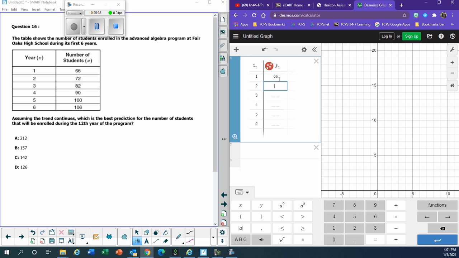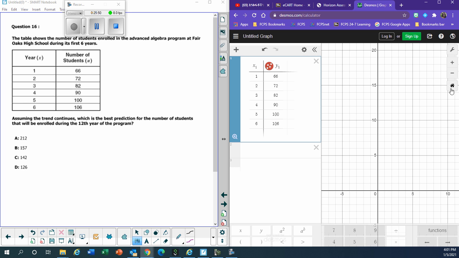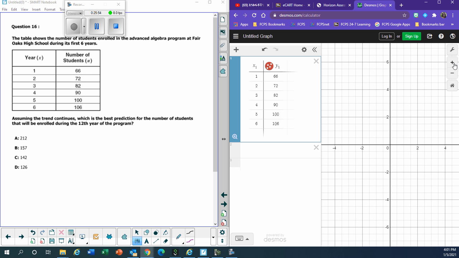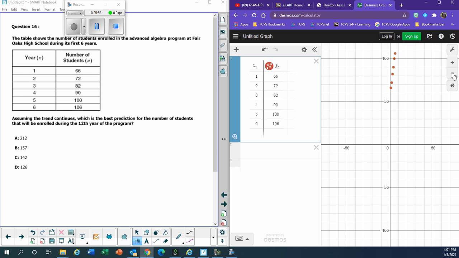Enter 72. Enter 82. Enter 90. Enter, and then 100 and 106. That is the table, right? And then I can see the graph here. Well, I have to make it smaller. So this is what it looks like.